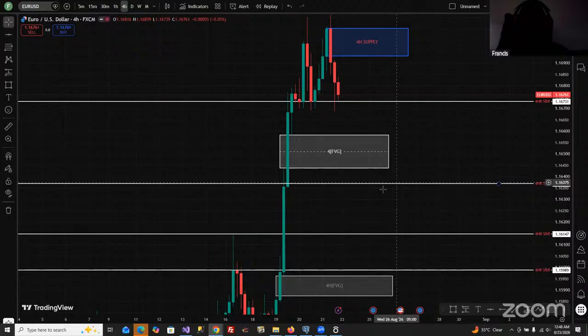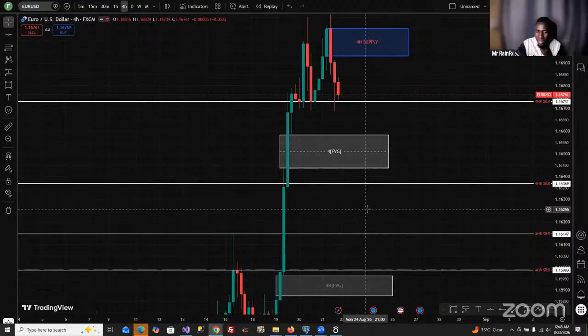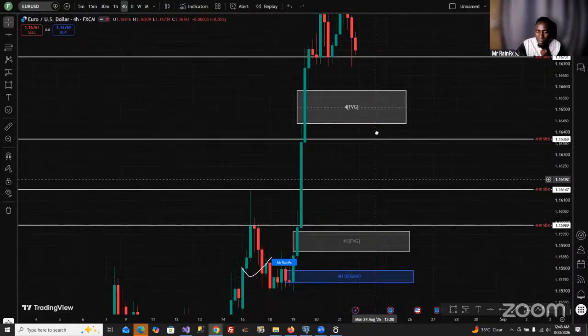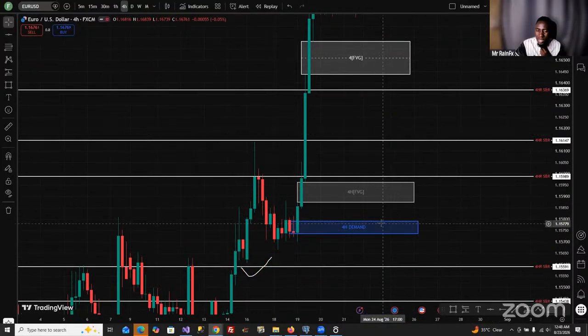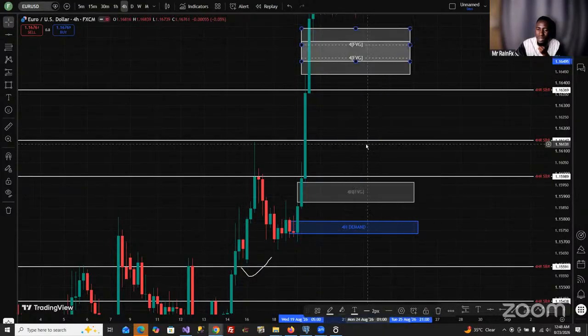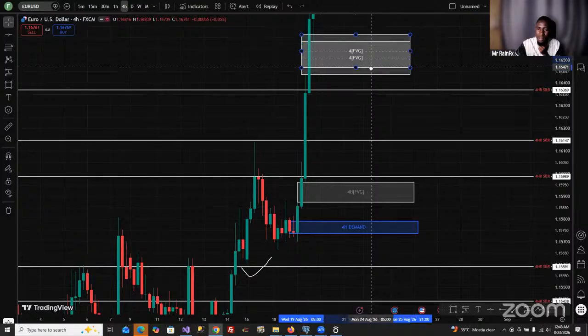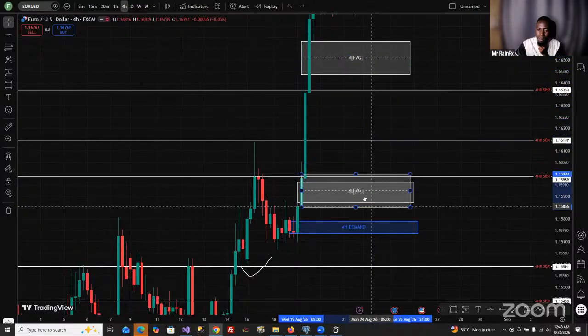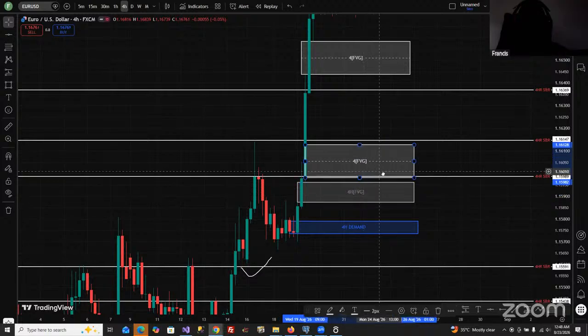Then this fair value gap here is good. But you forgot to put the middle line. Here, just double click on it and activate that middle line. That is too much work.